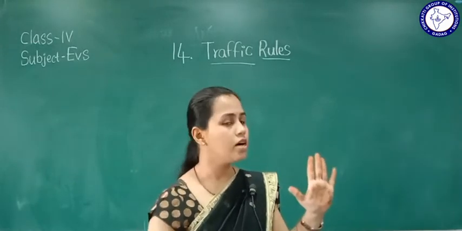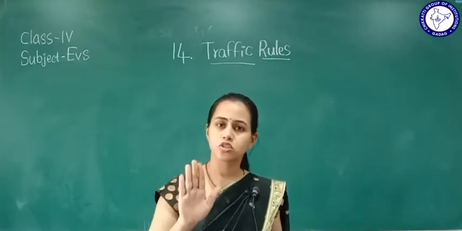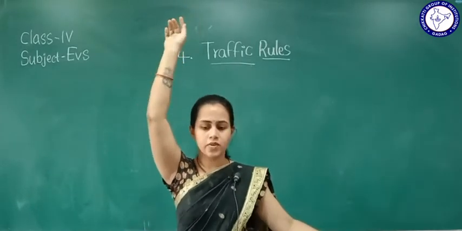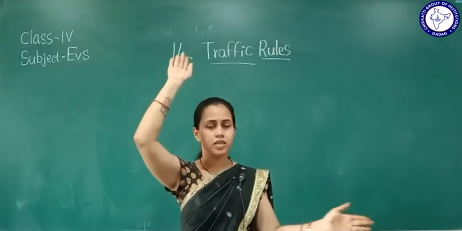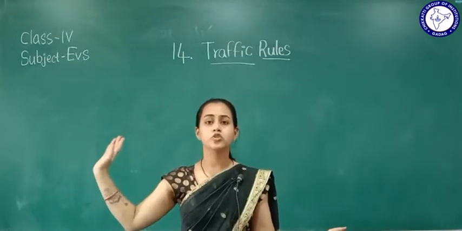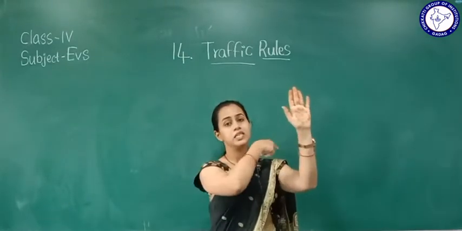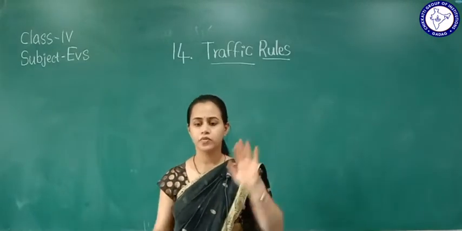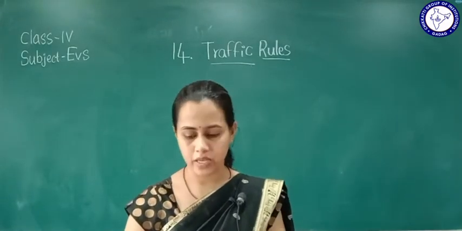It says this side the vehicles can go, here they should stop. If he does like this, then this side's vehicles should stop and that side's vehicles can move. So a policeman controls the traffic here.